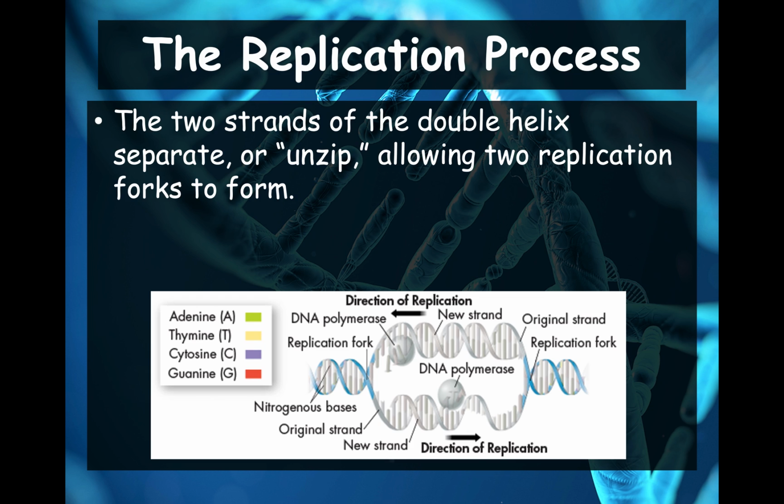So as it unzips, it allows two replication forks to form. So this would be kind of like if you broke your zipper in the middle of it, and it was zipped up on the bottom half and the top half. I hope that makes sense. I hope I didn't confuse you there, but it's very similar to the image that's shown.